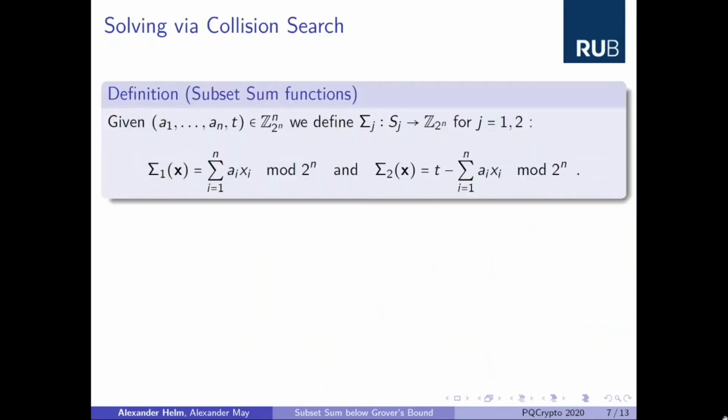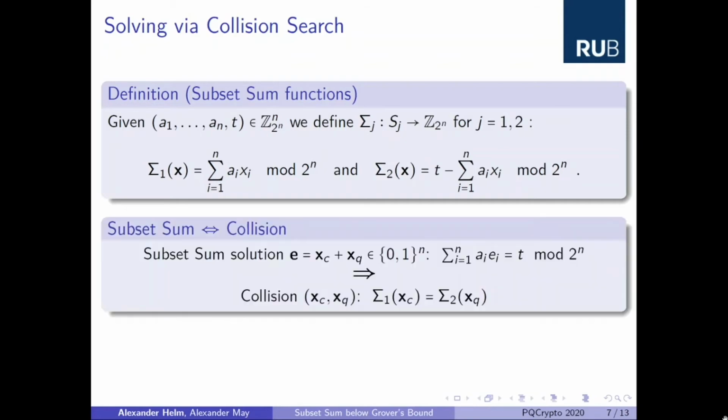So we define two functions, sigma 1 and sigma 2, where sigma 1 computes a corresponding subset sum modulo 2 to the n, and sigma 2 computes t minus the corresponding subset sum modulo 2 to the n. By the definition of our functions, it's easy to see that every xc and xq, which sums up to the solution E, gives us a collision between our two subset sum functions sigma 1 and sigma 2.